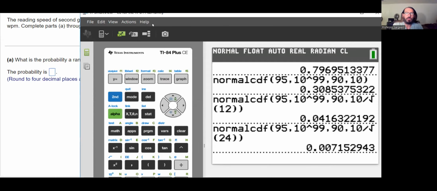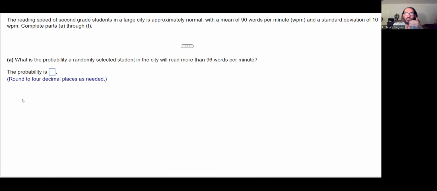So let's see here. If you were to draw a picture to go along with this, talking about reading more than 96 words per minute, you would have it marked at 96 and then shaded to the right of that.